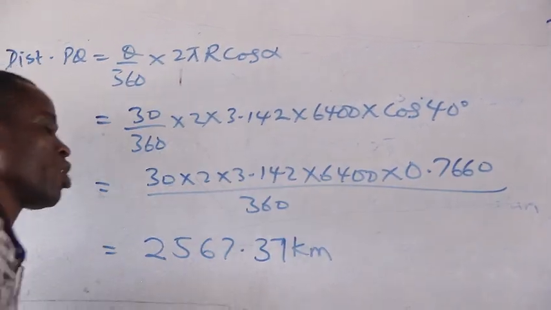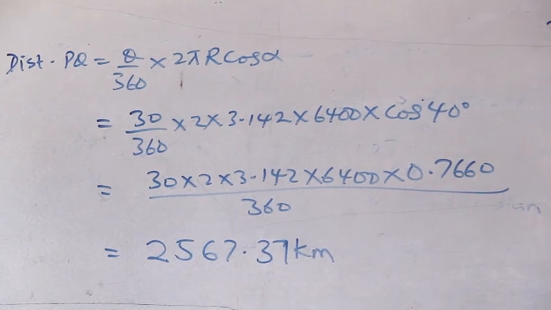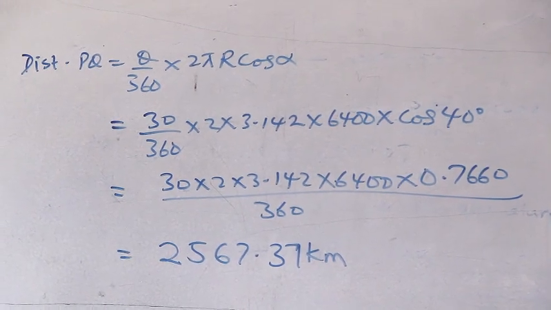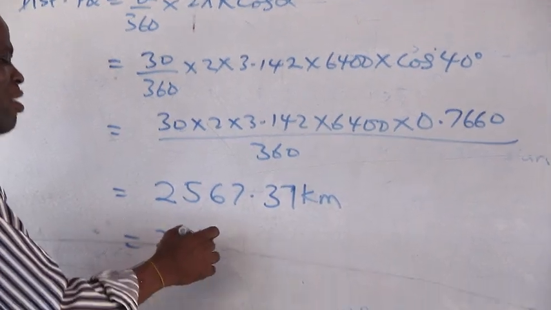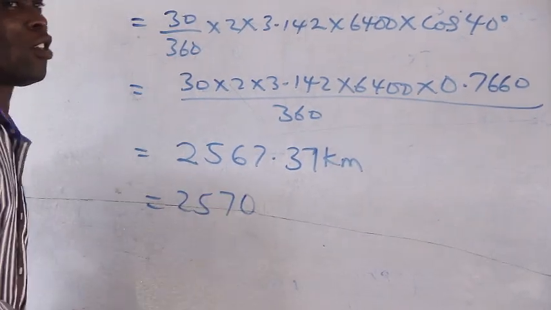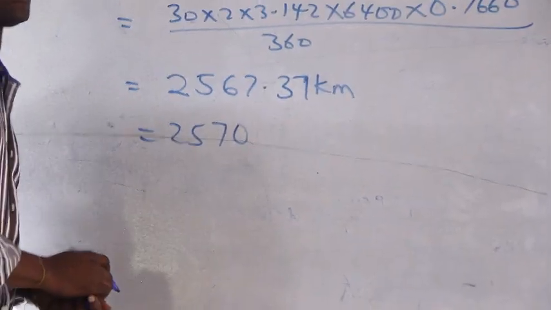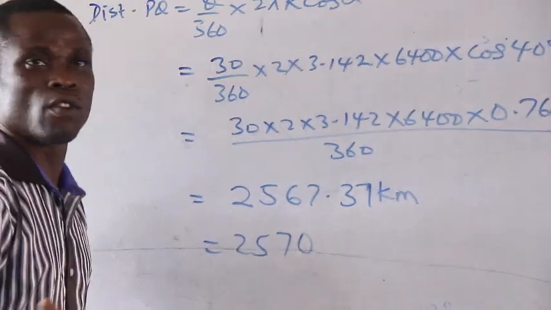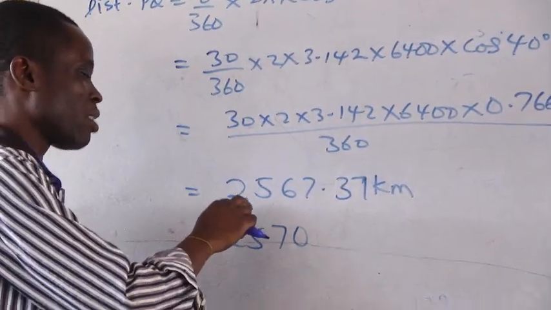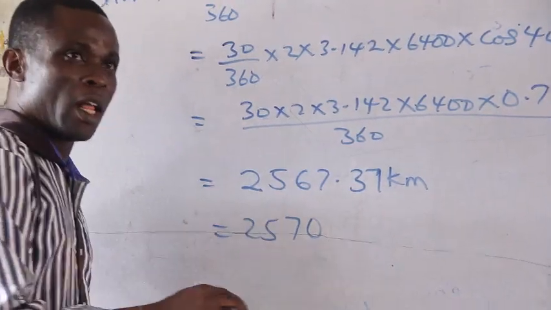Okay, if it is 0.37, we have degree of accuracy in that question as 3 significant figures, right? Yes. What do you think will be the answer? 1, 2, 3. 257. You must add 0 to it. Because it's like you want to approximate 2,567.37 kilometers. You now approximate it as 257.